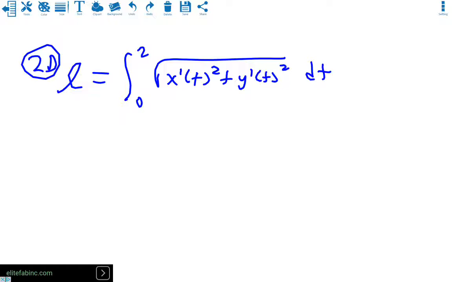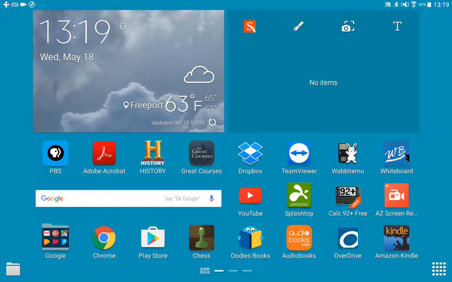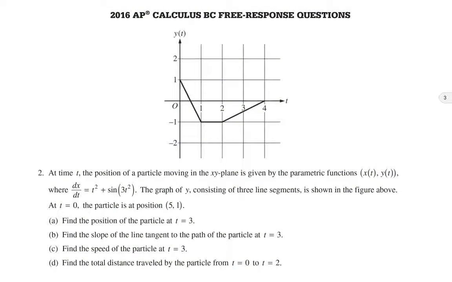But the problem is x prime of t is the same throughout, but y prime of t changes from 0 to 2. Look at the diagram. From 0 to 1, the slope is down 2 over 1, which is negative 2, and the slope of the other line segment is 0.